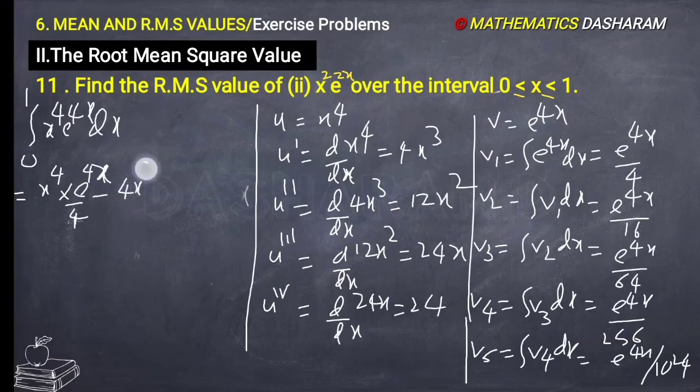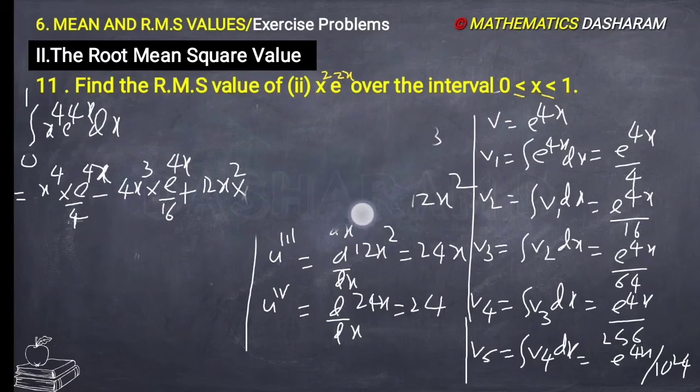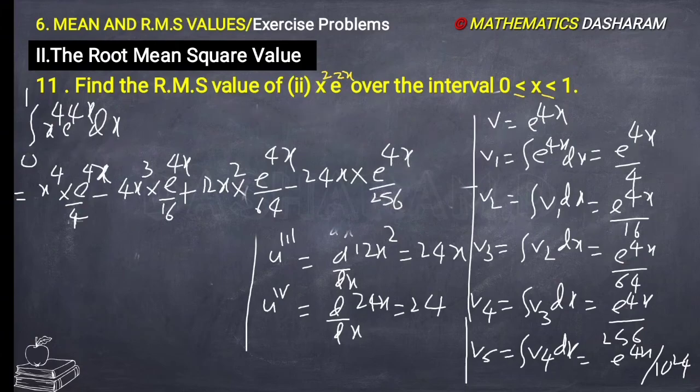U dash is 4x cube into v2 is e to the power of 4x by 16, plus u double dash into v3, that is 12x square into e to the power of 4x divided by 64, minus u triple dash into v4, that is 24x into e to the power of 4x divided by 256, plus u fourth order derivative, that is 24 into v5.